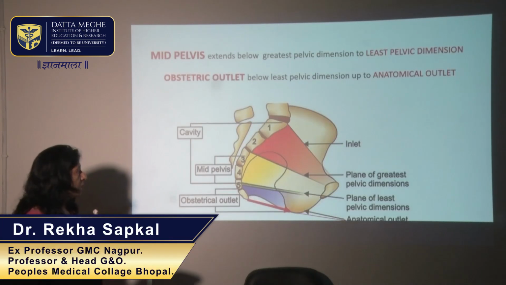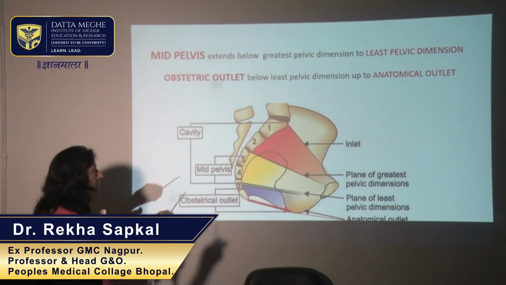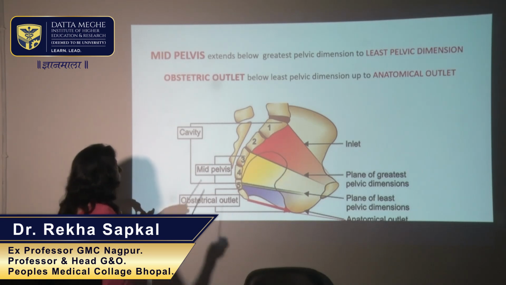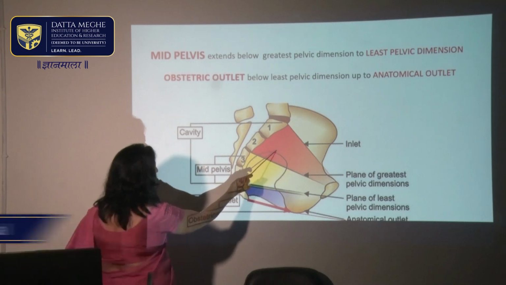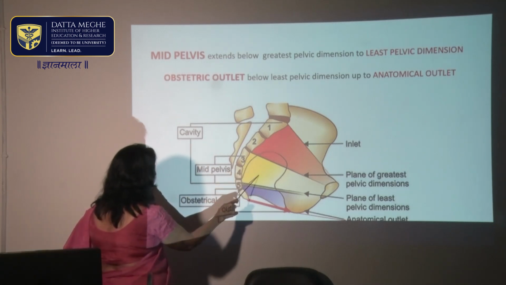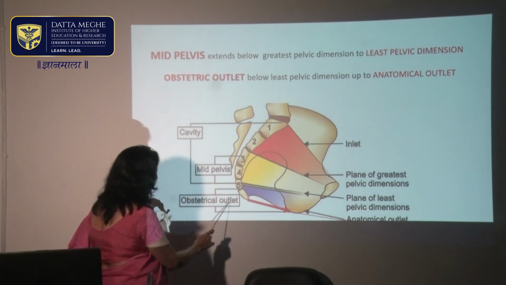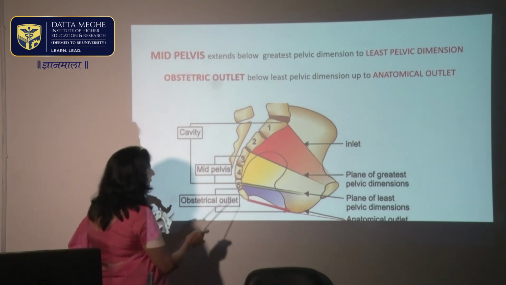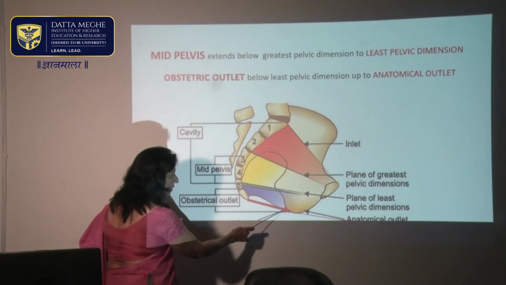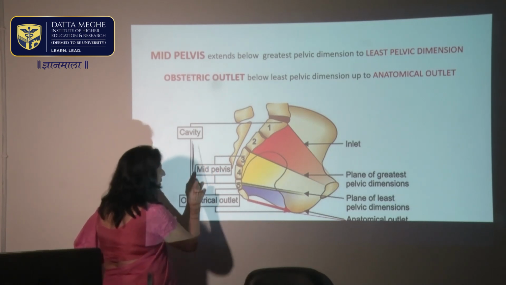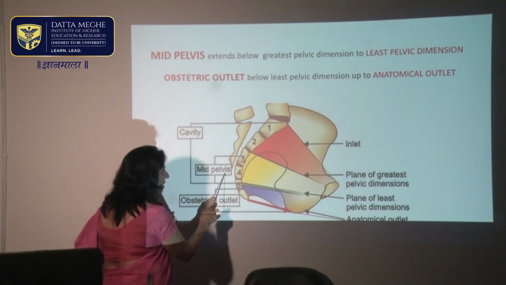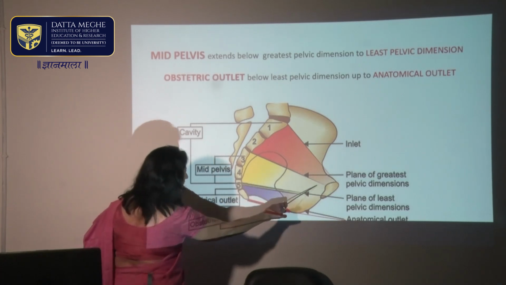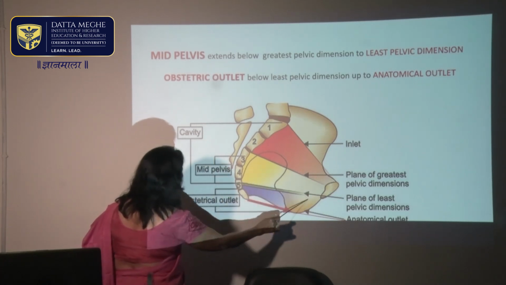This diagram explains the different cavity, mid pelvis and obstetric outlet. One more terminology you have to learn: the anatomical outlet is the plane of outlet. The plane of cavity, this mid pelvis, we have also learned, is the plane of greatest pelvic dimension and the plane of least pelvic dimension.